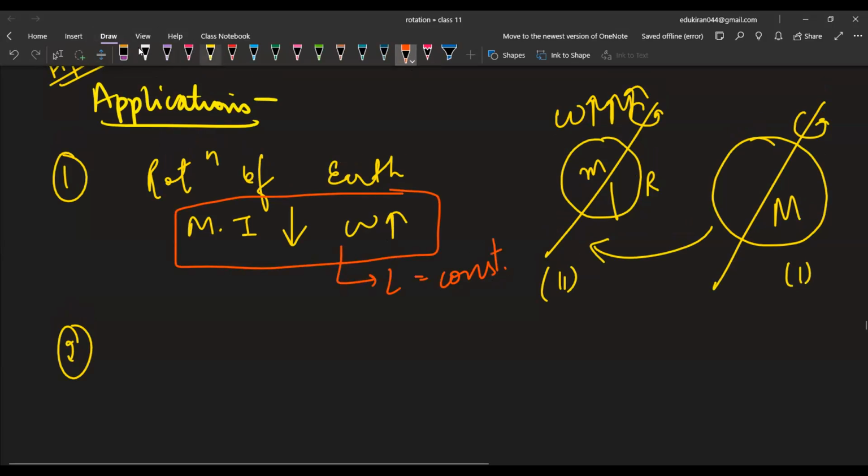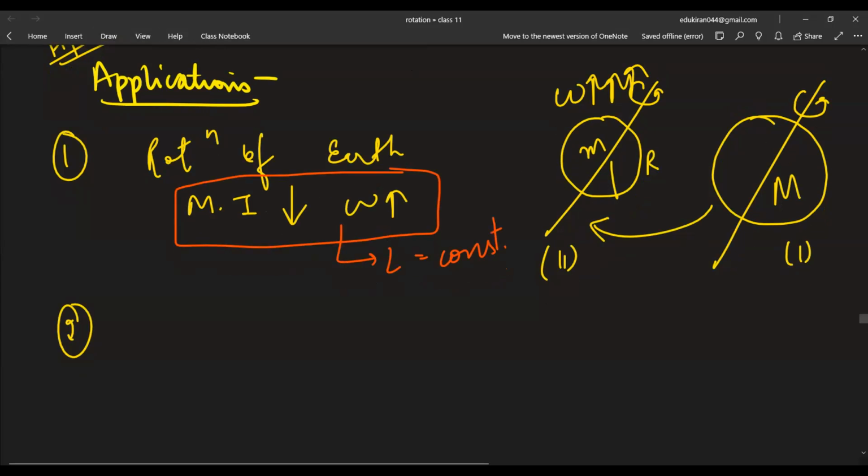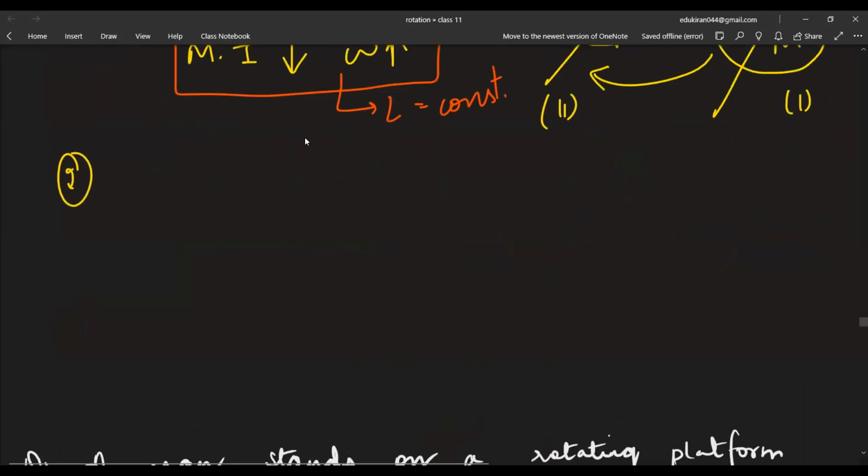Or take one more example. Ballet dancers, you have seen or heard of ballet dancers. Just one very small example: suppose they have their arms spread, both the arms are spread.